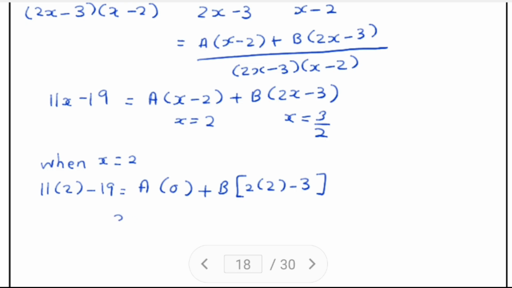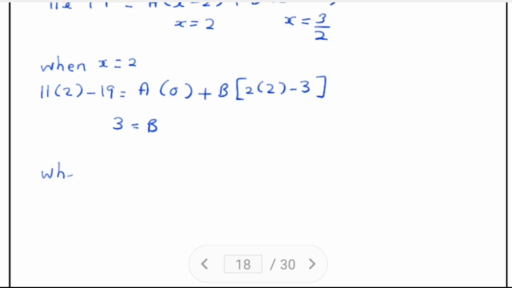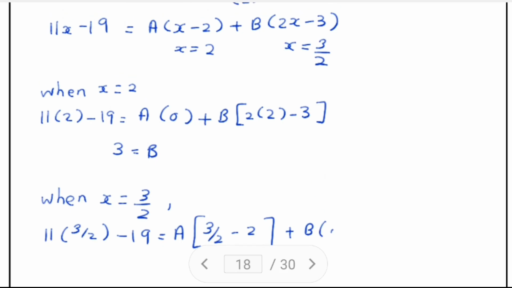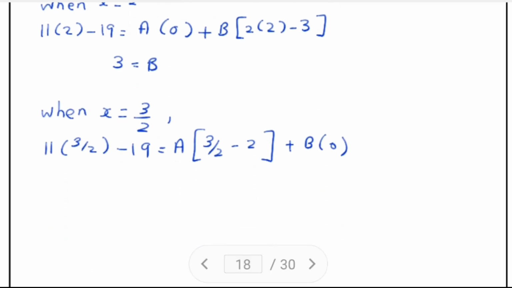So 3 equals B. Next, substitute x equals 3 over 2 into the equation. So 11 times 3 over 2 minus 19 equals A times 3 over 2 minus 2, plus B times 0, because when we substitute 3 over 2 into x, we get 0. So simplify, and we're going to get A equals 5.